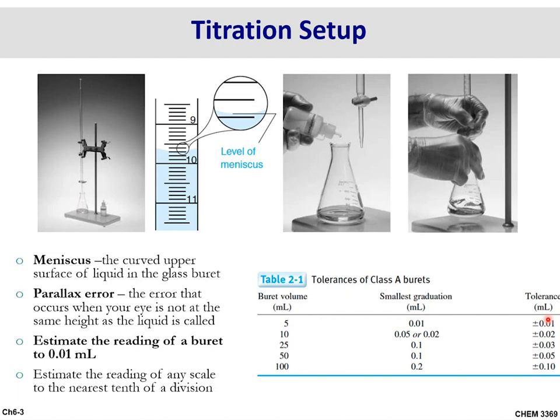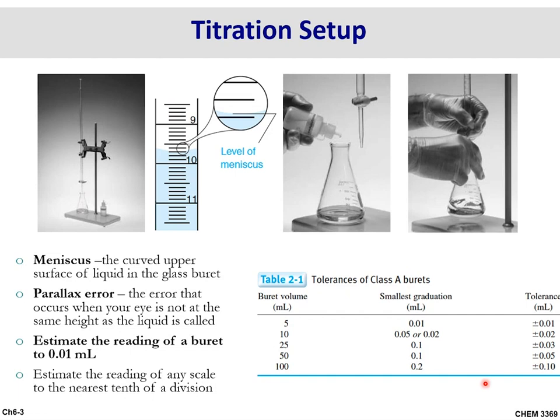For a typical 50 milliliter burette, typically the burettes can hold 50 milliliters of liquid. So if the reading of a 50 milliliter burette is 32.5 milliliters, and we're using 50 milliliter burettes, the tolerance for this burette, if it is a class A, is plus minus 0.05.